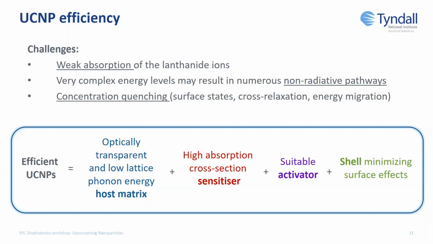So that's detrimental to our emission. And the last point is that because upconverting nanoparticles are relatively small, they have a large surface to volume ratio, and typically surface states can cause a quenching effect. So they are detrimental also to our emission.